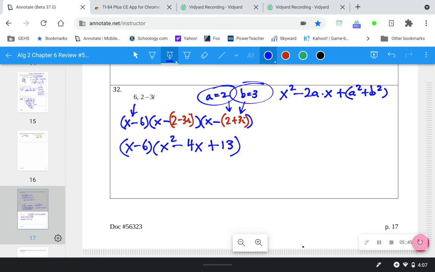Okay, now we're ready to multiply this all out to standard form. You're going to take x times all 3 of these. And then negative 6 times all 3 of these.